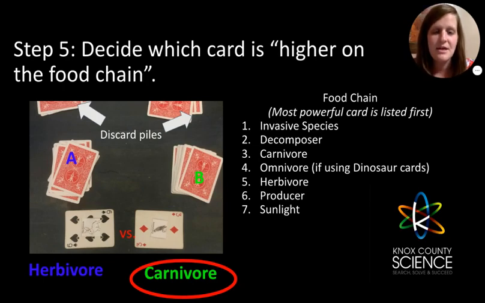We see that a carnivore is higher on the food chain than a herbivore, and that's listed to the right. We see that the most powerful card in this game is an invasive species, and they're listed first.